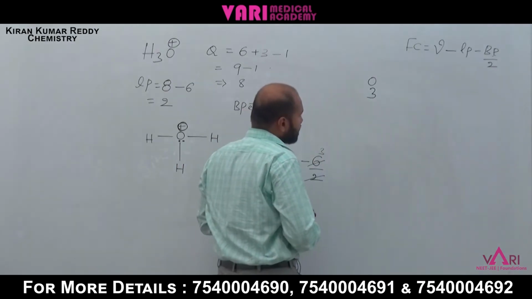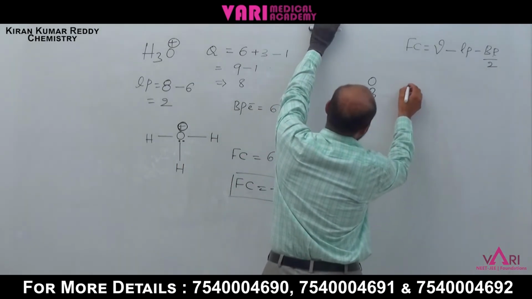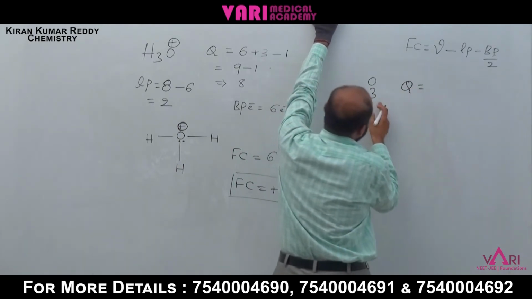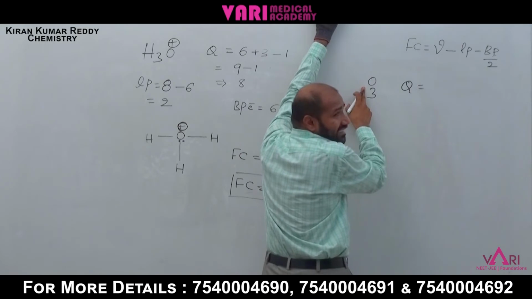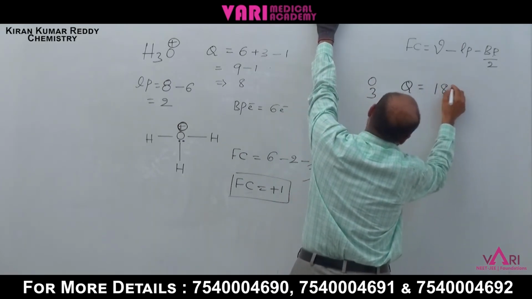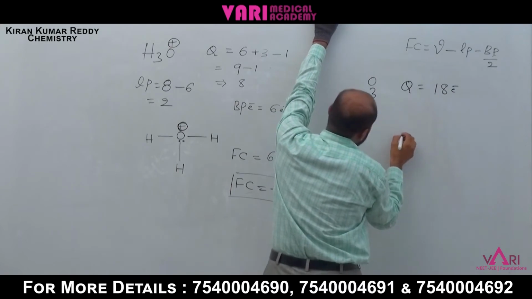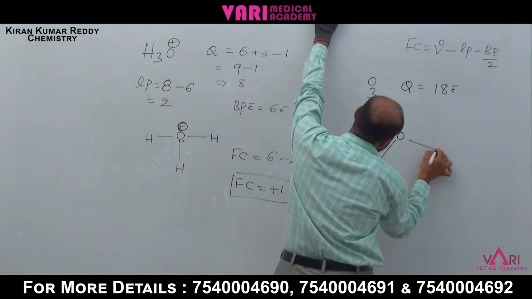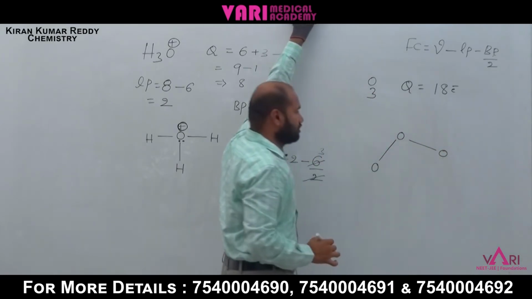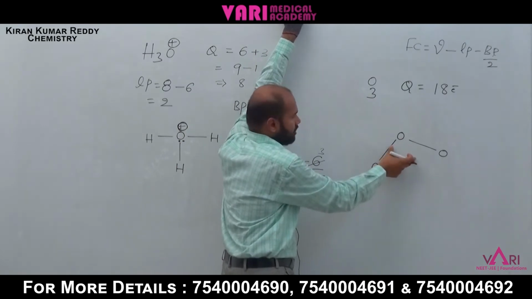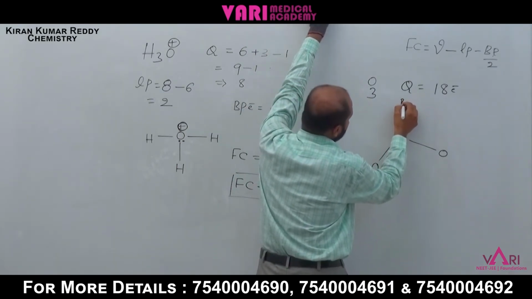Now to write the O3 structure, I am writing the total Q, the total number of valency electrons. Tell me, that is 6 threes. 6 is the valency electrons of oxygen, 6 threes are 18 electrons. Now for bond pairs, I am writing one oxygen here, one of the oxygen here. How many bonds? Bond pair of electrons means 2 bonds.